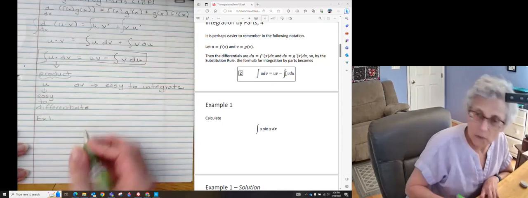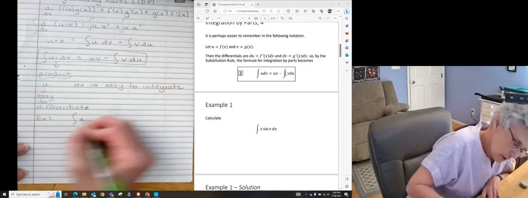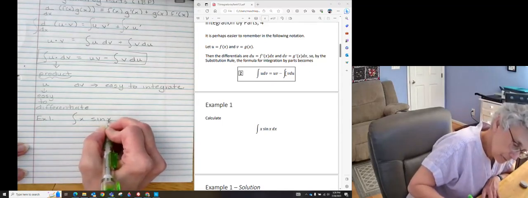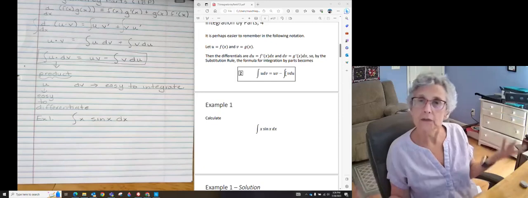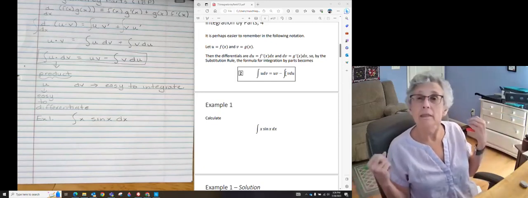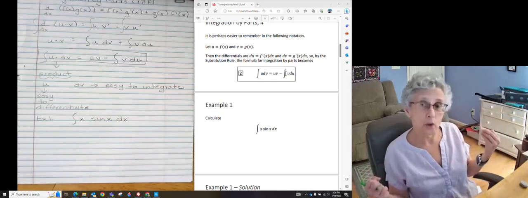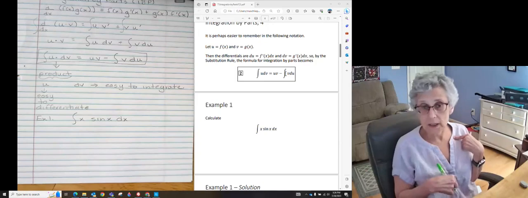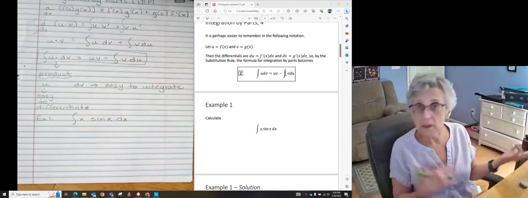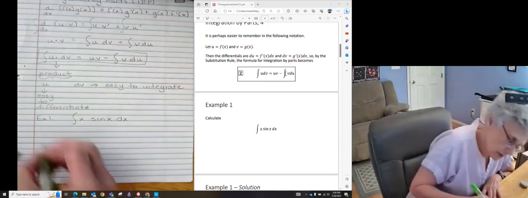So example 1, we want the integral of x times sine of x. If you have a plain old x, that's probably going to be a good choice for u, because then du is just equal to dx, and sine is super easy to take the antiderivative of.